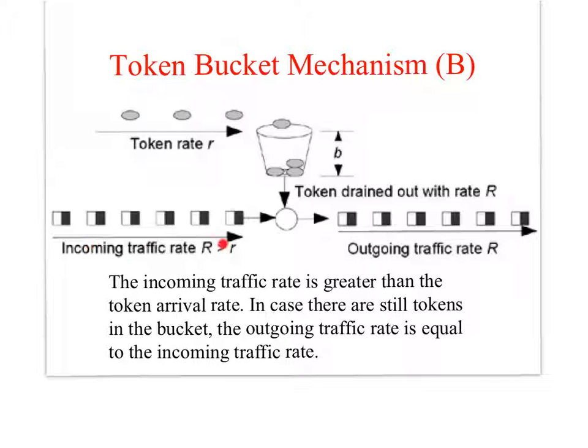So the application is trying to send with a rate above the limit, but that limit can be tolerated if and only if I have some tokens in the bucket. And the outgoing traffic here will use a rate of capital R, which is above small r. Understood? Okay.